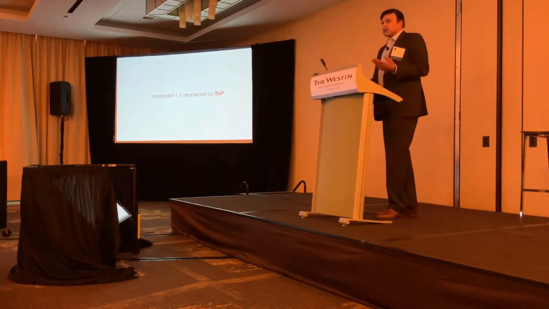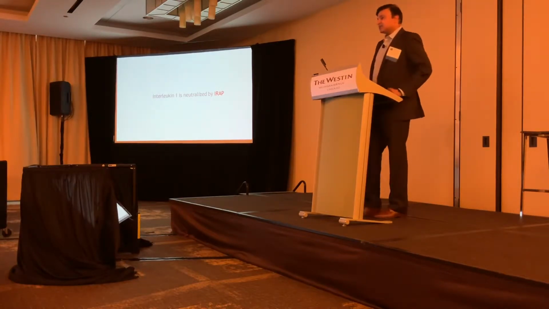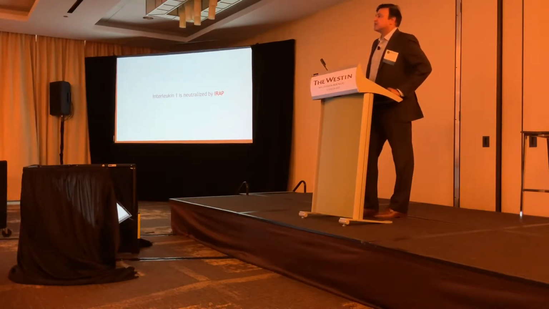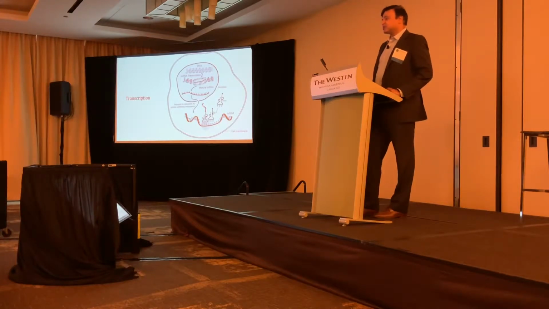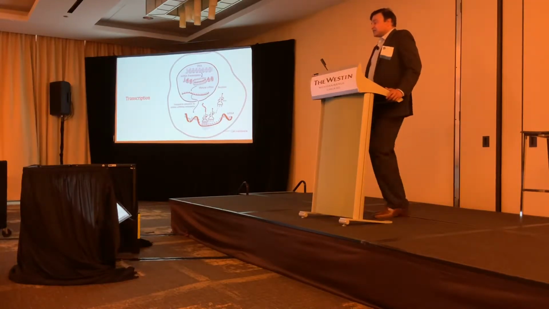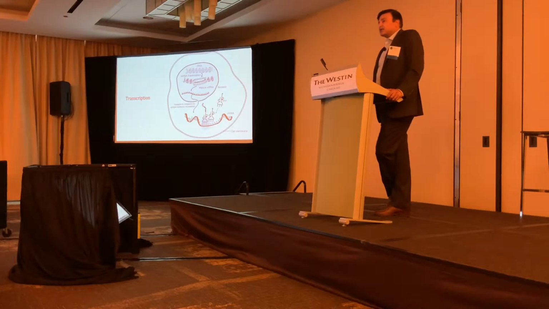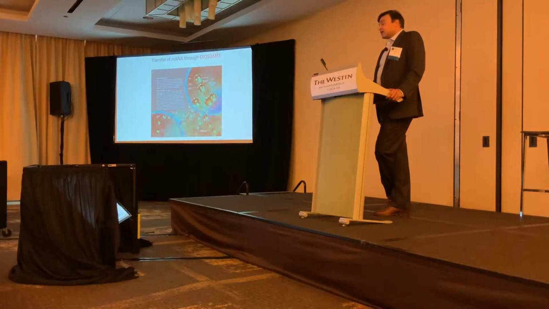And this is where stem cells come in. For example, if there's a lot of interleukin 1, the inflammatory protein, and there's not enough IRAP in the joint, we have pain. So when you inject stem cells, through the process of transcription, from the DNA of the stem cells, the mRNA is created, which creates IRAP. That mRNA is released into the cytoplasm of the stem cell, and then it is released into the extracellular matrix through exosomes.